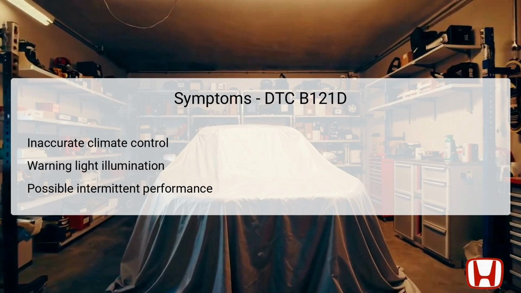Additionally, the vehicle's onboard diagnostic system will likely illuminate a warning light on the dashboard, alerting the driver to the underlying issue. In some cases, this communication error may yield intermittent performance. For example, the climate control might temporarily function correctly before experiencing failures again. Identifying these symptoms early can enhance the overall driving experience and prevent further complications.